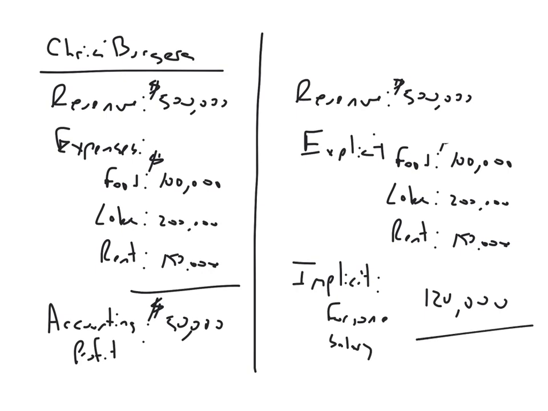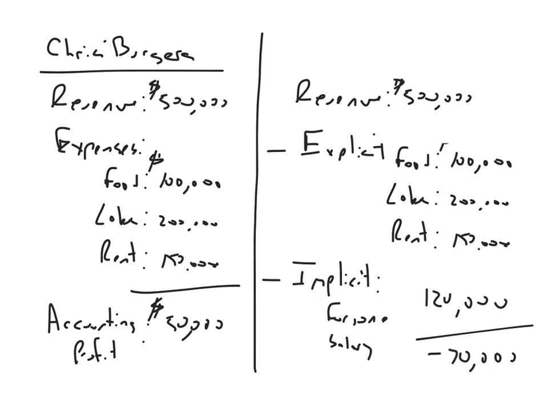And so by deducting explicit and implicit costs from our revenue, we're going to deduct explicit costs, those out-of-pocket expenses. We're going to deduct the implicit costs, the foregone salary, and the result is a negative $70,000, or a $70,000 economic loss.